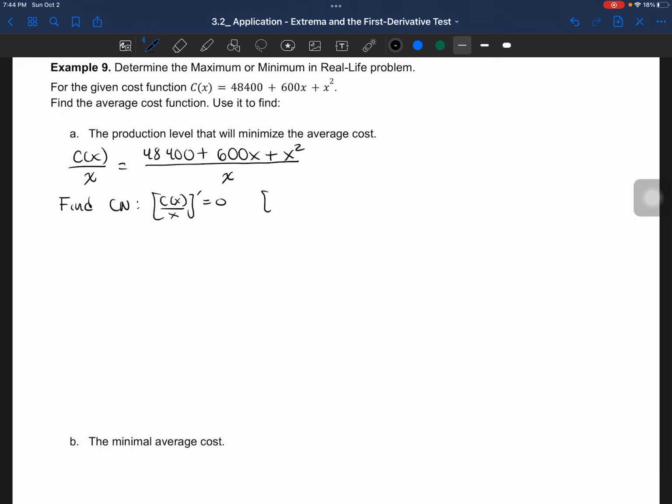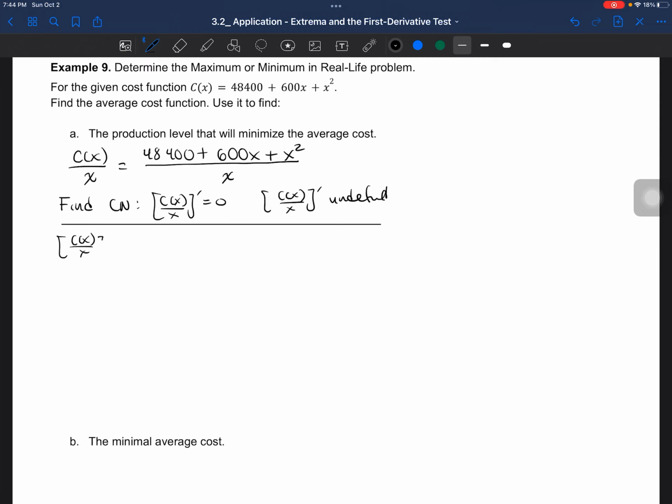That means that we're looking for whenever this derivative is equal to 0, or whenever this is going to be undefined. So let's begin by finding when this is going to equal 0. So let's first find the derivative. Either way, we have to find the derivative.